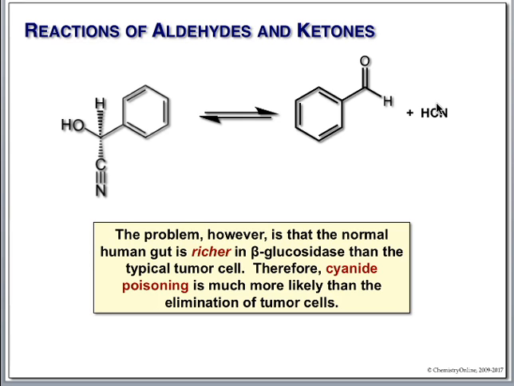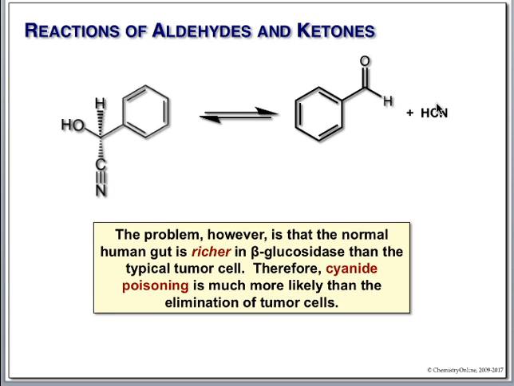The problem is that the human gut, the intestine, is a richer source of beta-glucosidase than the typical tumor cell. So, if you eat this stuff, or you take this stuff, it's done orally, as soon as it hits your gut, you gas yourself with cyanide, and it can damn near kill you. And almost none of it manages to get its way to the tumor cell.